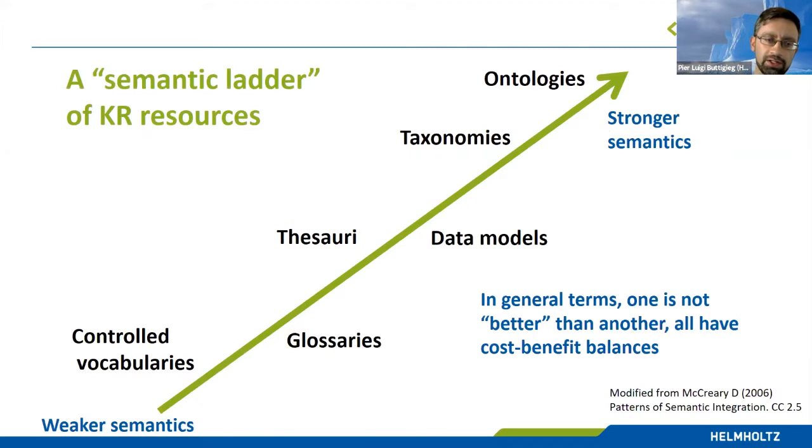So that's how it fits into this whole, Gary showed that earlier, the semantic spectrum or semantic ladder. People shuffle around these aspects of it, but the general idea is that the more formal you get towards ontologies, the more machine readable that knowledge becomes. There's always a reason to choose one that's more advanced or one that's more simple. It's a cost benefit analysis that you have to do.